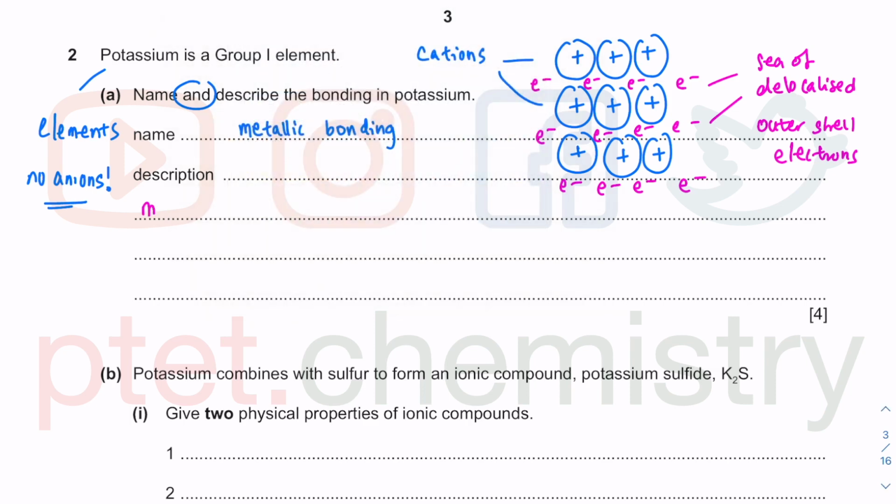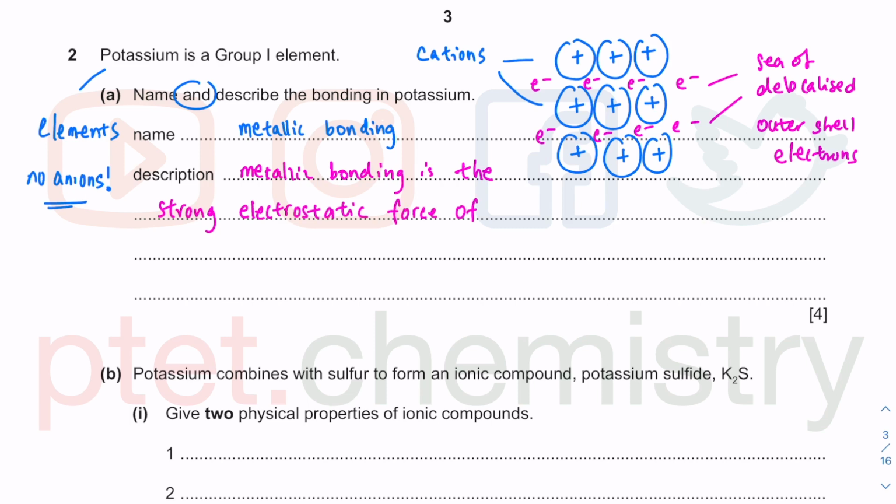So what can we say? Maybe if I just move these up a little bit so I can have a bit more space. So what is metallic bonding? Metallic bonding is the strong electrostatic force of attraction. So electrostatic because positively charged cations are attracted to the negatively charged electrons, but these are not electrons in your shells.